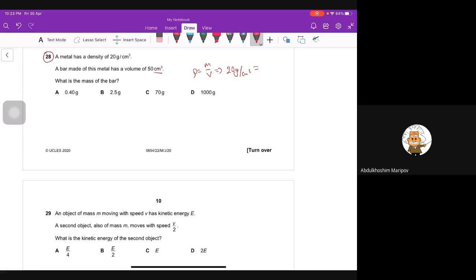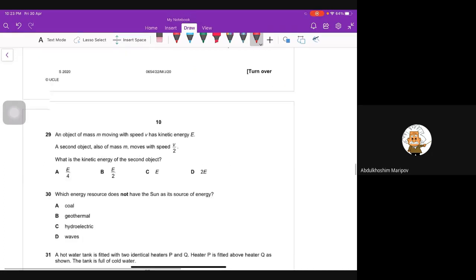Mass would be 20 gram per centimeter cube times 50 centimeter cube. Centimeter cube cancels, so you have gram left only. 20 times 50 is 1,000 gram. So it's going to be D. 28 is D.